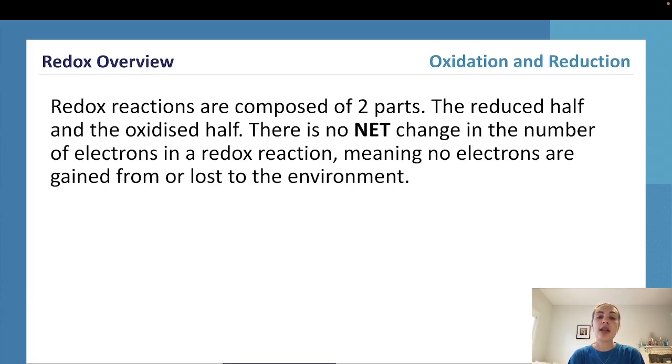There's no net change in the number of electrons in a redox reaction, which means that no electrons are gained from or lost to the environment. So basically, as I said before, in the entire reaction, there's not a net change in electrons. There's just a transference of electrons from one species to the other.